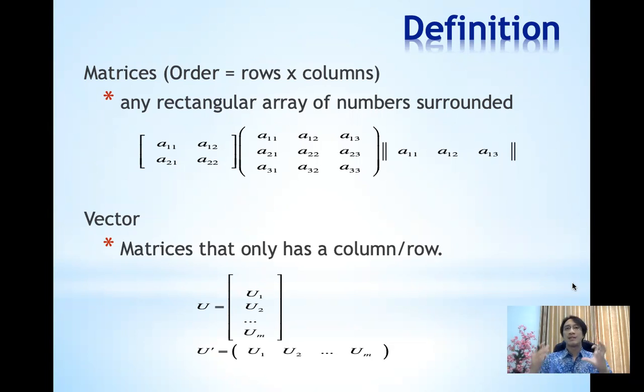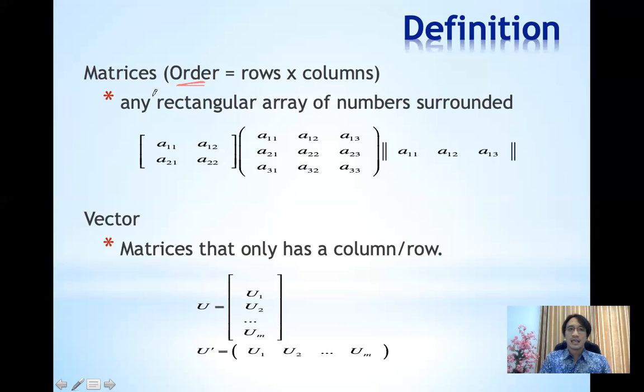It stands for rows times columns. Every matrix has an order, row times column. Row is the horizontal part and column is the vertical part.